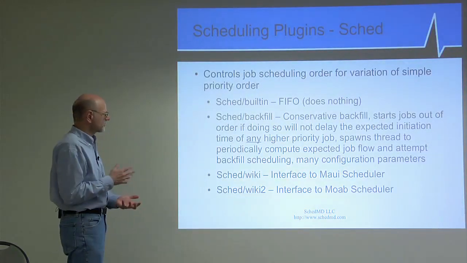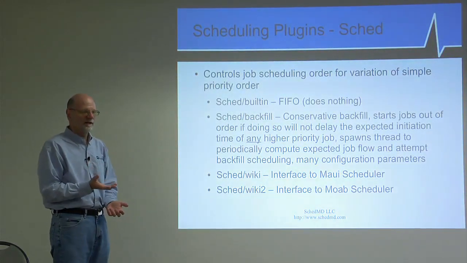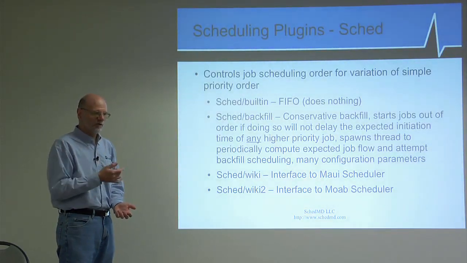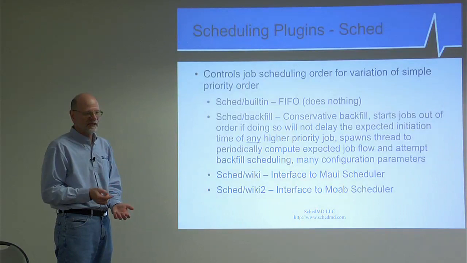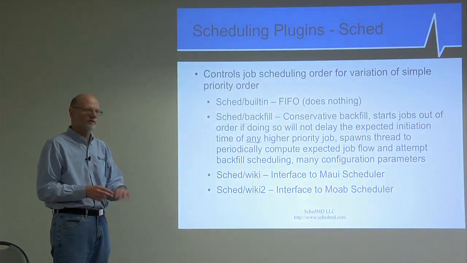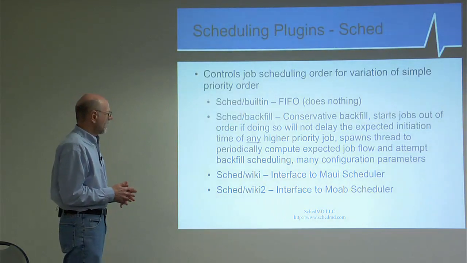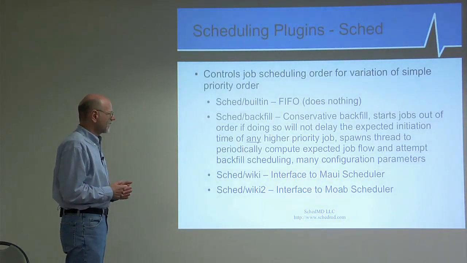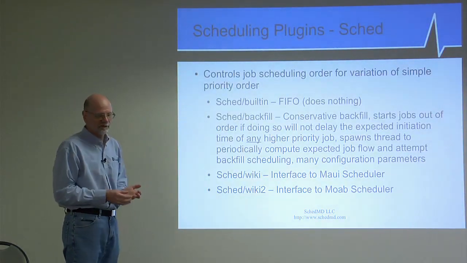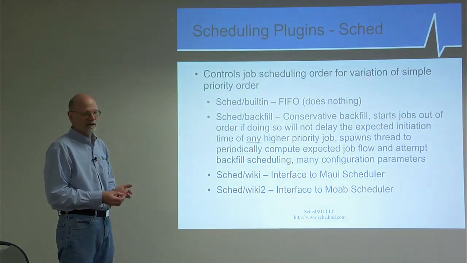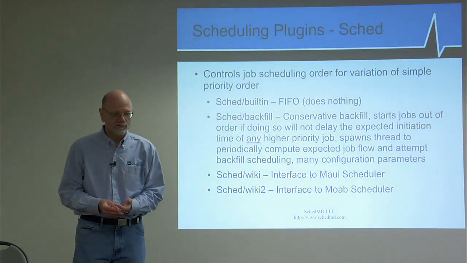And Slurm uses a conservative backfill, and by that I mean no job will be started out of order if doing so will delay the expected initiation time of any high priority job, not just the highest priority job. And there are a variety of options available: how far down the queue you want to look, how frequently you want to do backfill scheduling, and so forth.